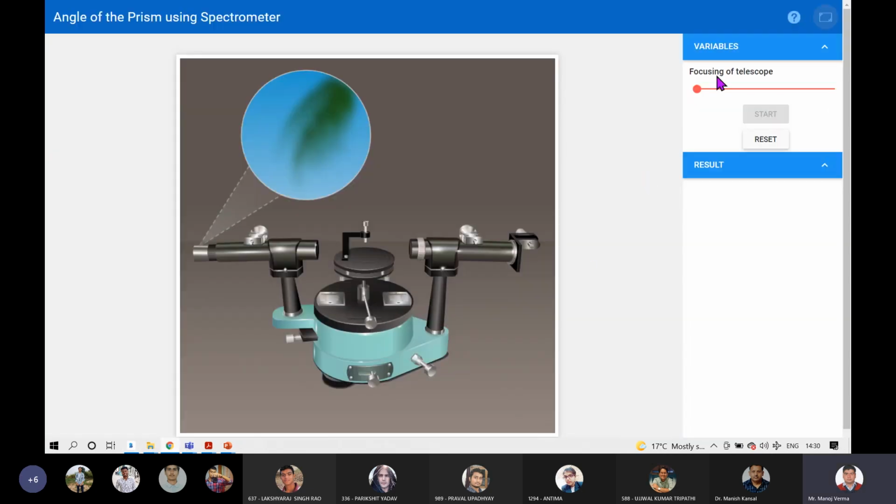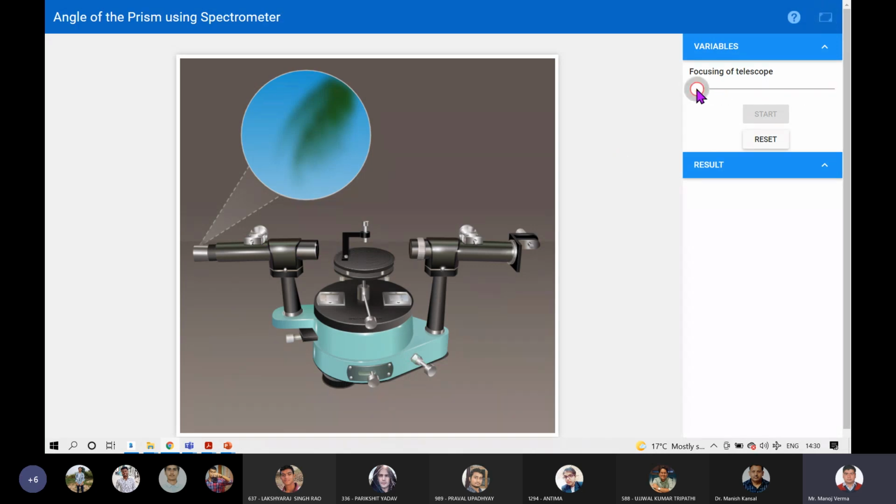So, coming back to this web page, this shows the image as you can see from this telescope, something like this, and you have to focus this telescope by changing the length between this eyepiece and this convex lens, which you can do by dragging this line.